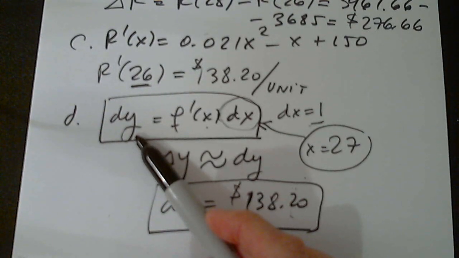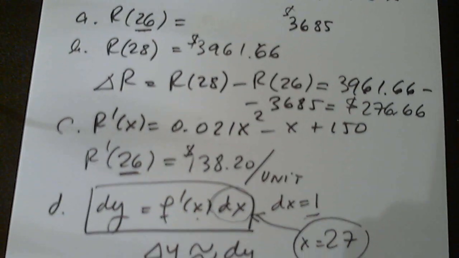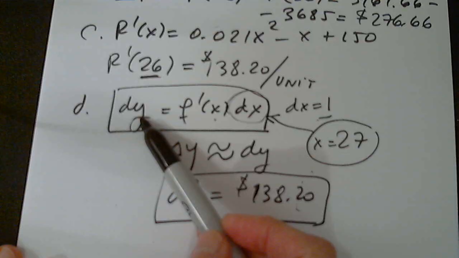But the estimate does not include R of 26. The estimate is dy.